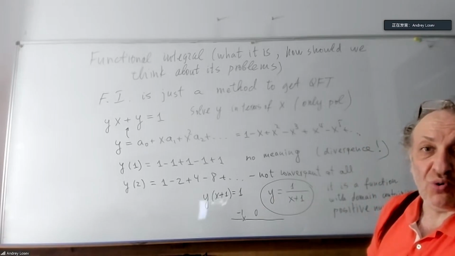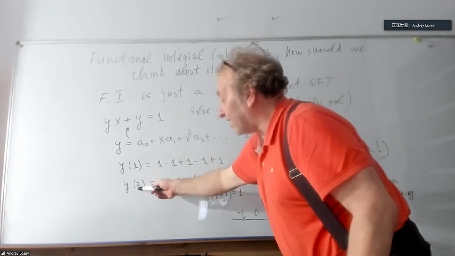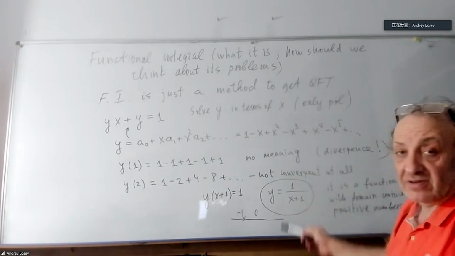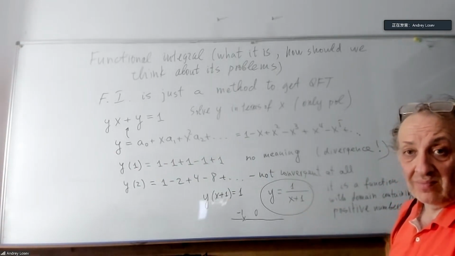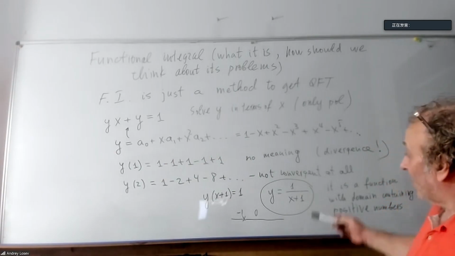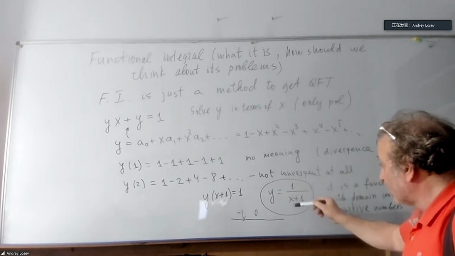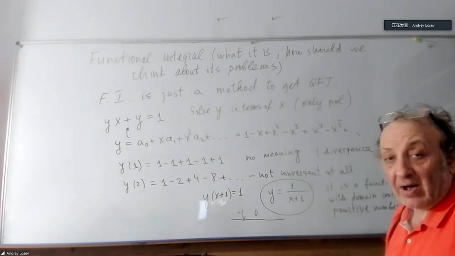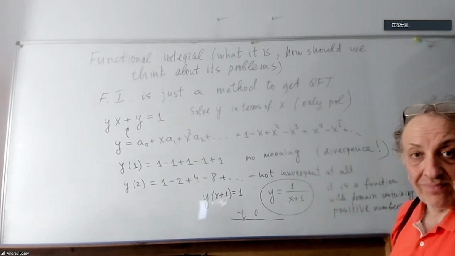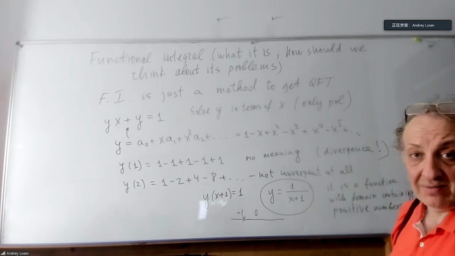But I don't want to go that deep. My equation was to understand y at 1 and then 2. Its domain contains this 1 and 2. So I just need to take the value of x plus 1 at 1 or at 2 and just divide. So it's something understandable.